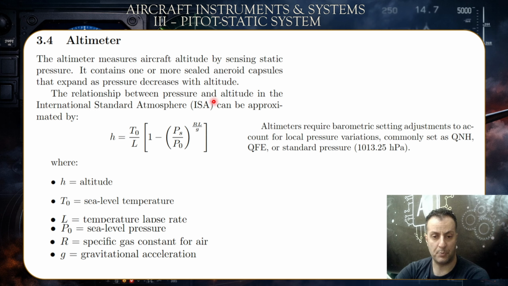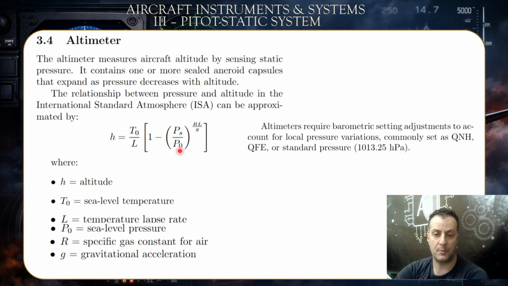So the relationship between pressure and altitude in the international standard atmosphere, ISA, can be approximated by: H, or altitude, is equal to T0, which is the temperature at sea level, divided by L, which is the temperature lapse rate, the temperature excursion, multiplied by 1 minus PS over P0.